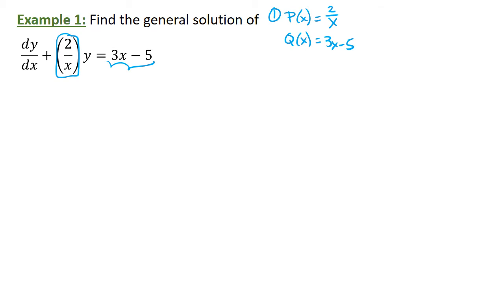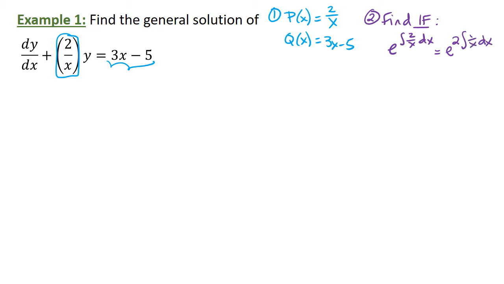Once I do that, step 3 says determine the integrating factor. I know what p of x is, so I'm going to find e to the integral of p of x, which is 2 over x dx. Now you may want to take a little bit of time and rewrite this as e to the power of 2 times the integral of 1 over x dx.